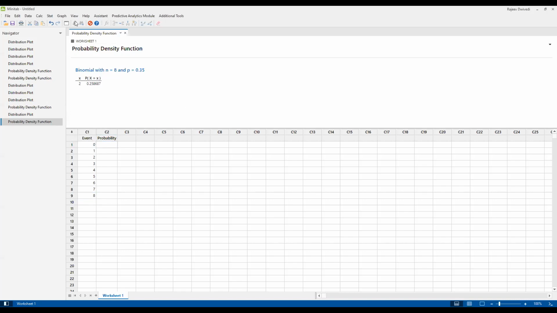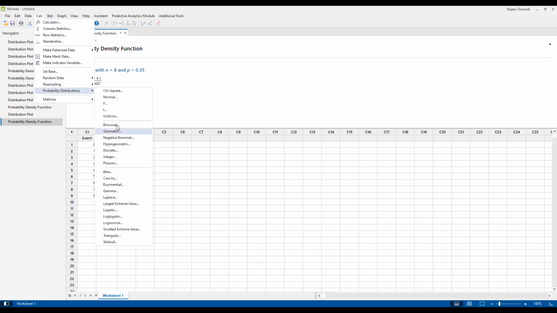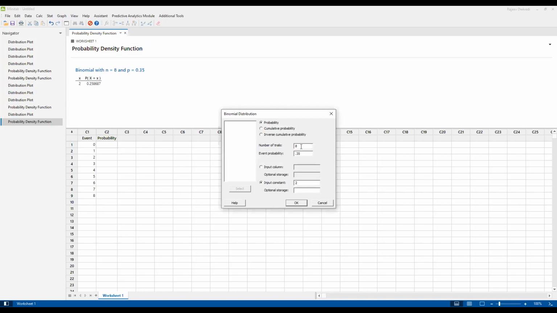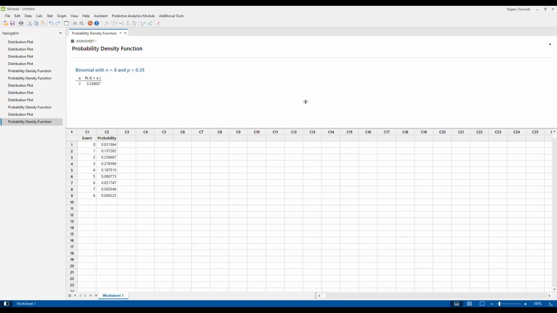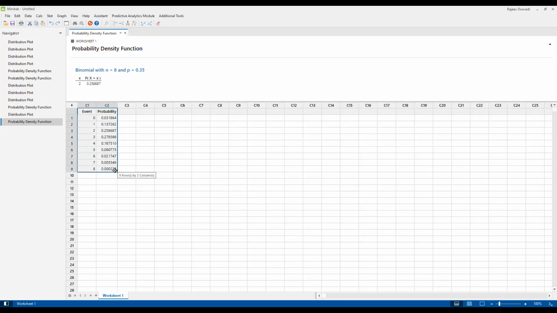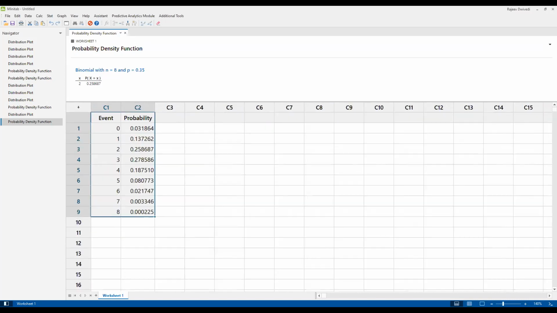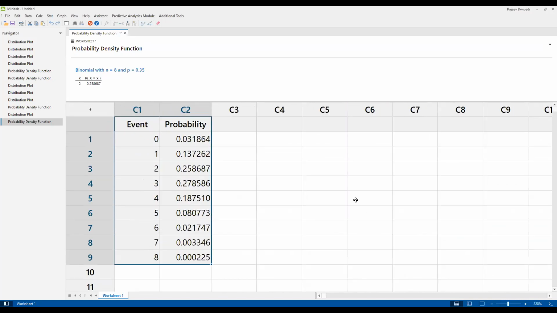So I go under calculator, probability distribution, binomial. I use exactly the same numbers because 8 and 0.35 are not going to change. I'm going to use the input column, which is event, and store into probability. Now look into that. Can you see?